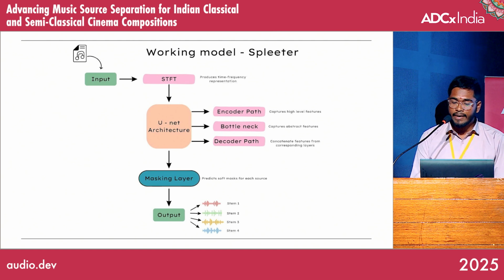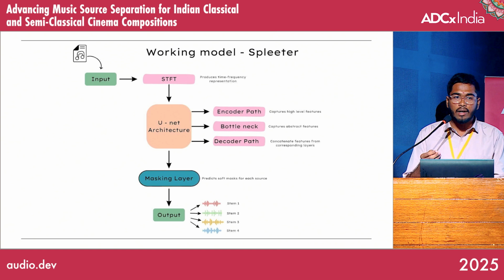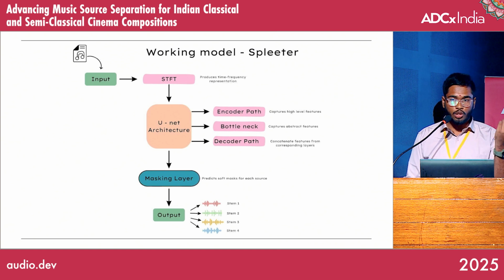Then in the decoder part, it concatenates features from the corresponding layers, and the abstract features which contain the data of the unique pieces then go to a masking layer, which predicts soft masks for each source. From that we get the output of different stems.